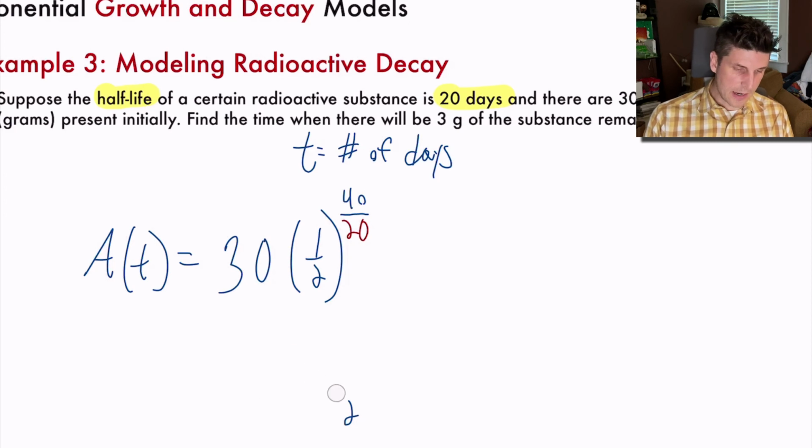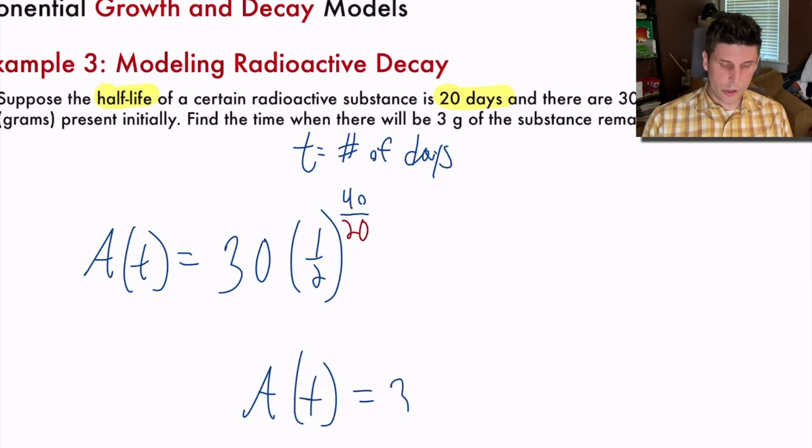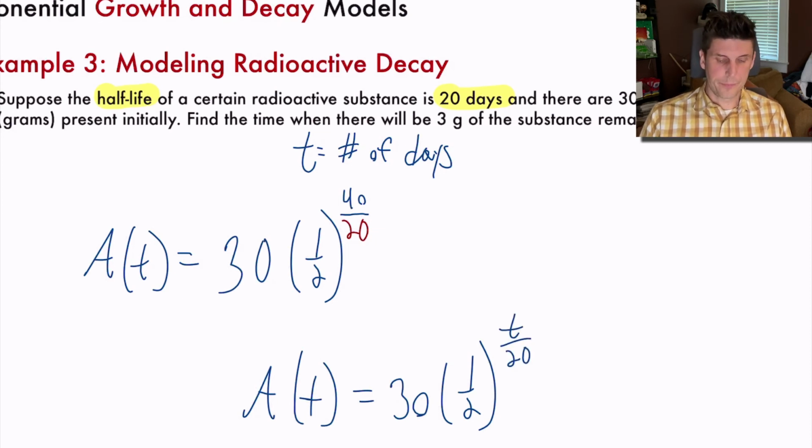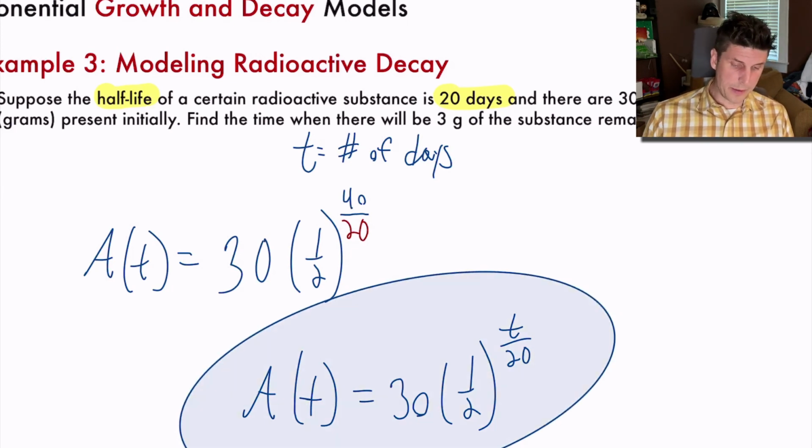So we can actually say now our relationship is A of t is equal to 30 times 1/2 to the t over 20 power. Cool. That's pretty much half the battle right there.